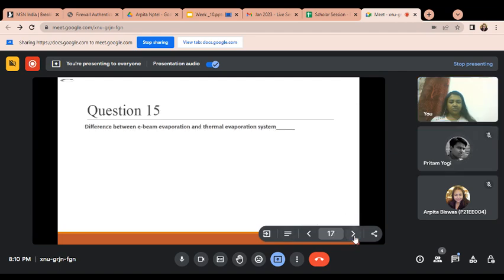Yes. And the difference between E-beam evaporation and the thermal evaporation system.